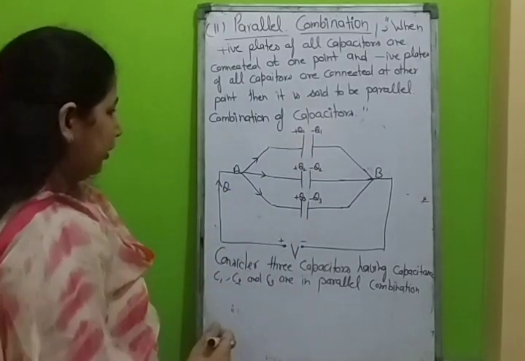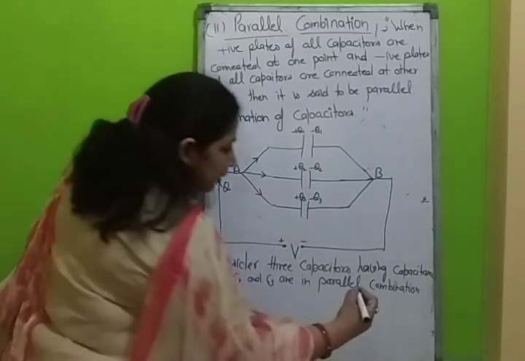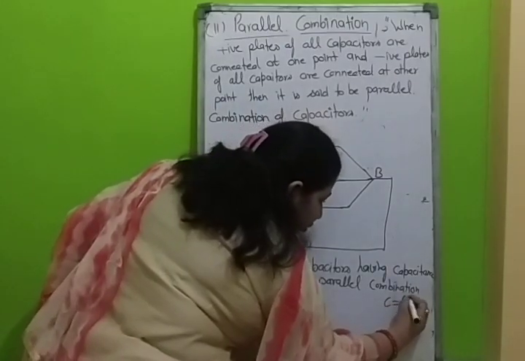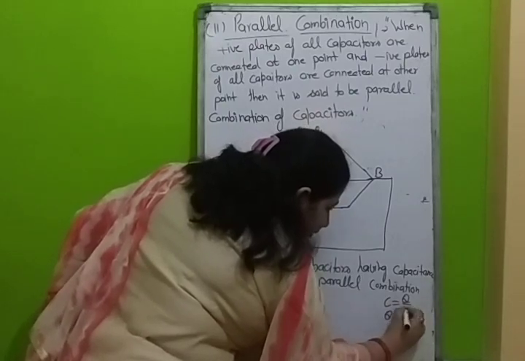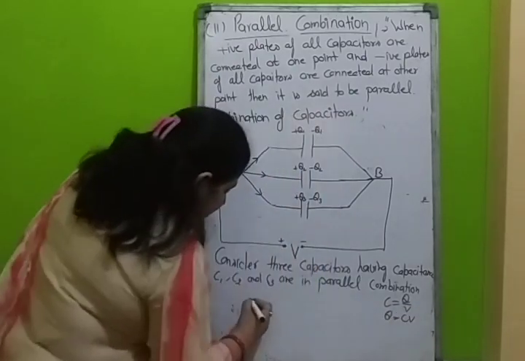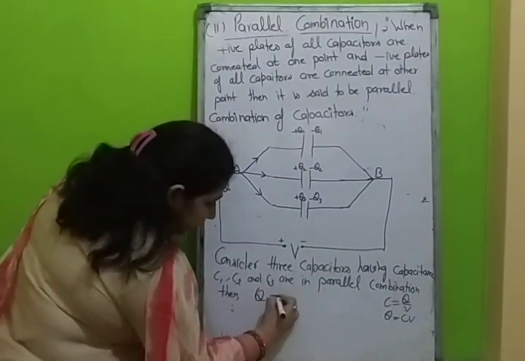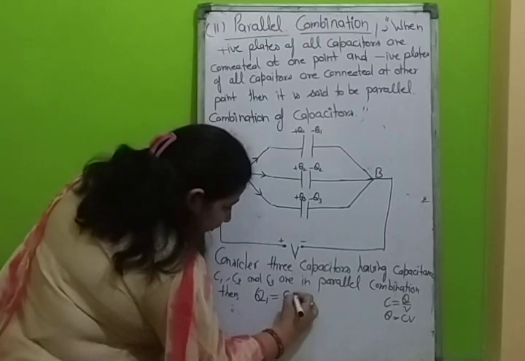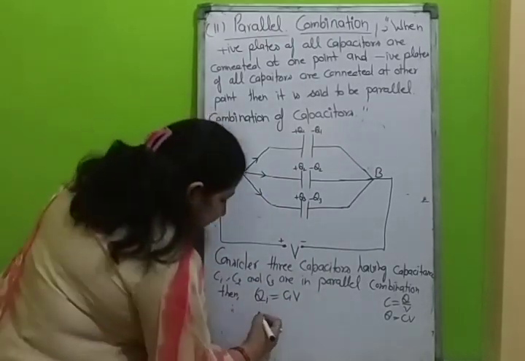Now we will write the expressions for Q1, Q2, Q3. As C is equal to Q upon V, then Q is equal to CV. Then Q1 is equal to C1V, as V remains the same for all three capacitors.